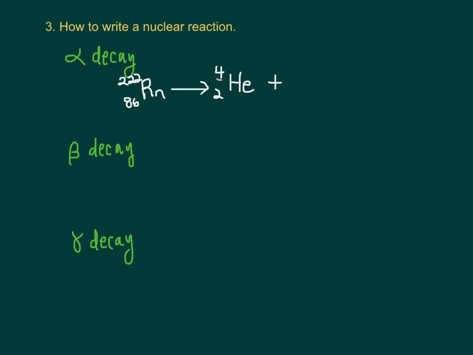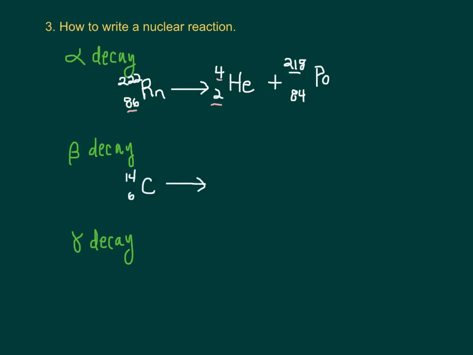So this 4, when added to whatever this is going to end up being, should equal 222. Or you can take 222 and subtract 4, and you're going to end up getting 218. And then down here, you know that you have 2, so 86 minus 2 would be 84. And then you just have to look up element 84 on your periodic table, and that's polonium. So that's an example of how to write an alpha decay reaction.